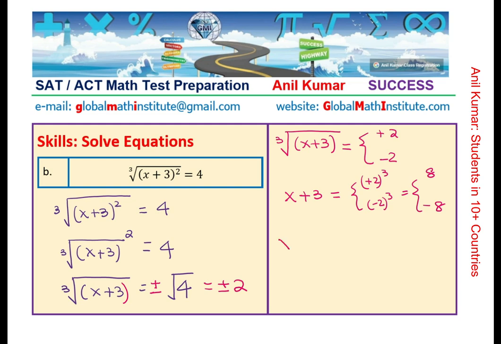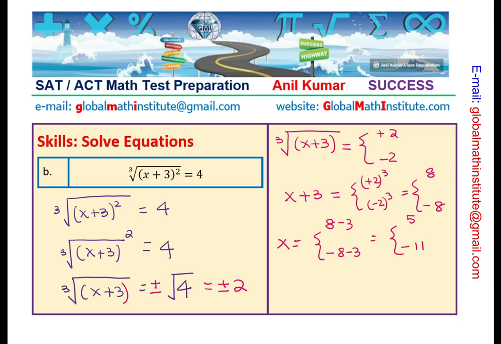Or we can say x is equal to, so we have two answers, right? 8 minus 3 and minus 8 minus 3. So that gives you 8 minus 3 as 5 and minus 8 minus 3 as minus 11. So we actually get two solutions to this particular equation. You can verify if I write minus 11 here.